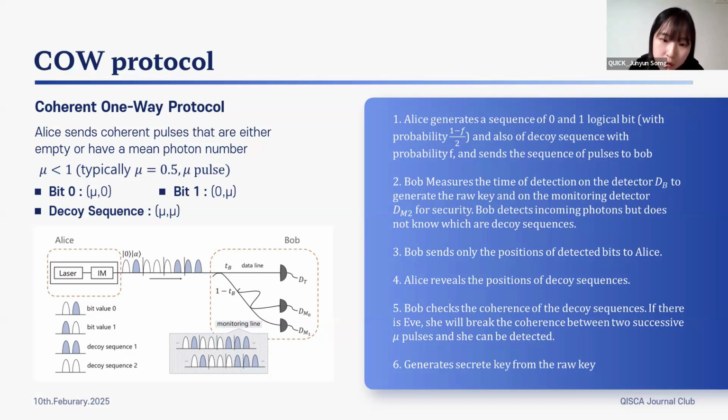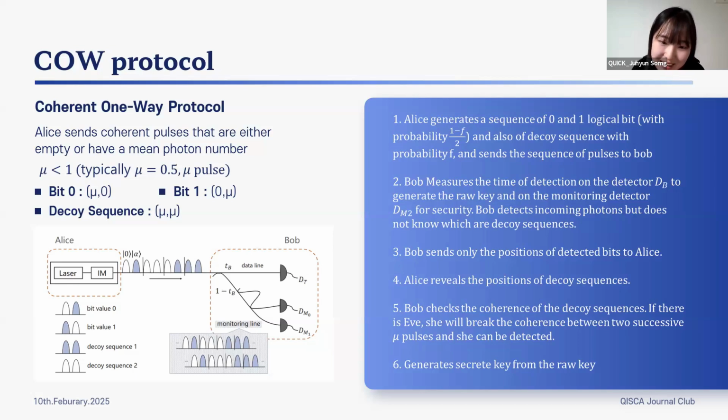Unlike BB84, the COW protocol does not rely on basis selection, but instead uses quantum coherence and time of arrival detection for security. Since Eve's presence would disrupt the coherence of decoy sequences, Alice and Bob can detect eavesdropping and discard the key if needed.